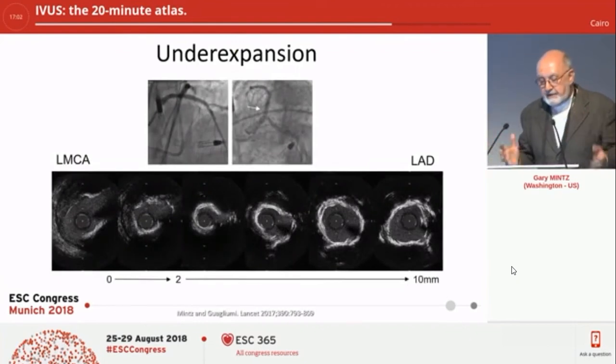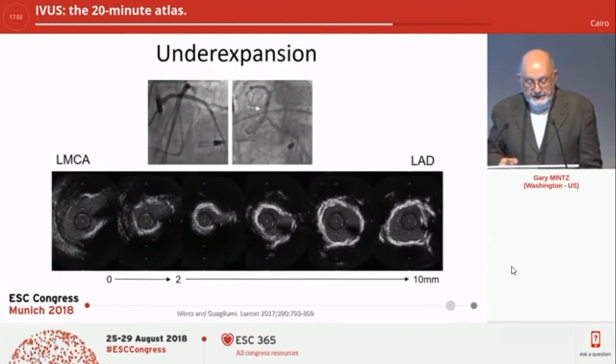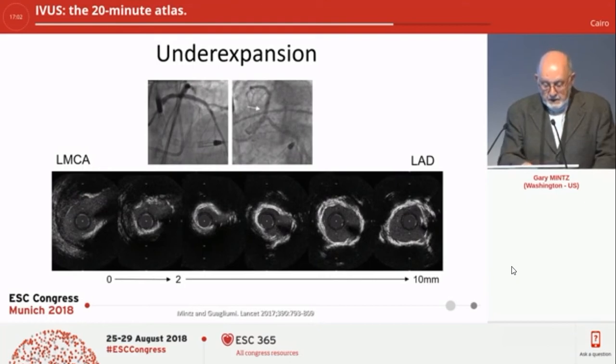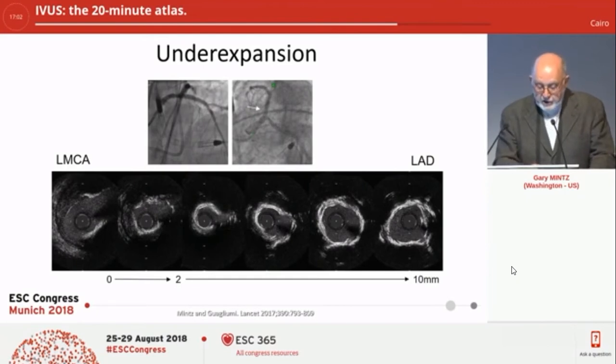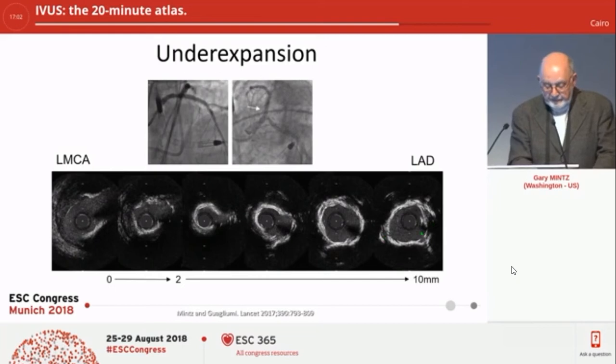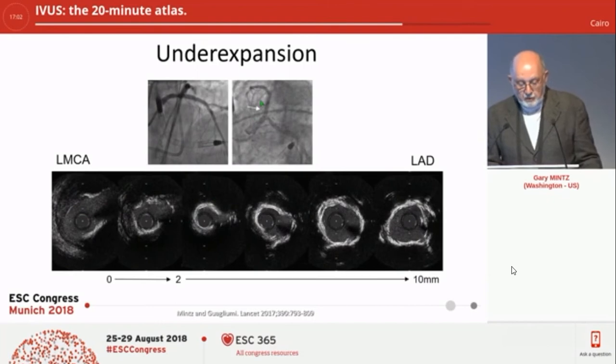Now let's look at a couple of examples of lesions that have been stented. This is after stenting. You can see that an Impella is in place because there's a high-risk patient with very, very poor ventricular function. Pretty good angiographic result, but on pullback from the LAD to the left main, there's an area where the stent is barely larger than the IVUS catheter, severe underexpansion that is not seen on the angiogram.